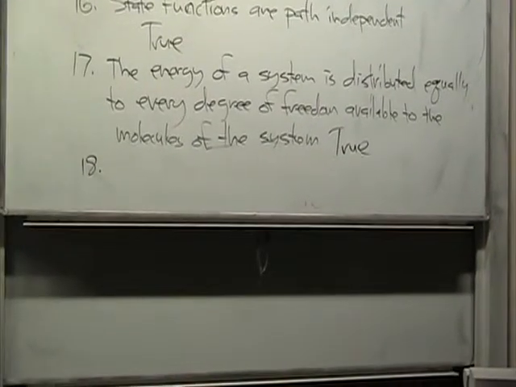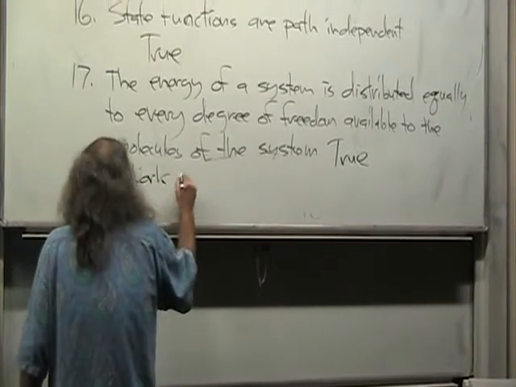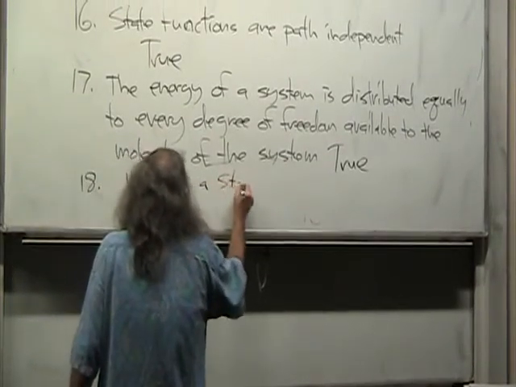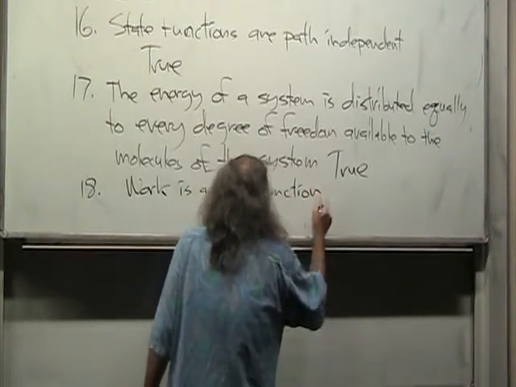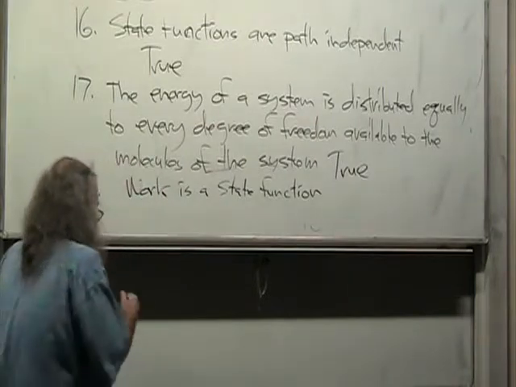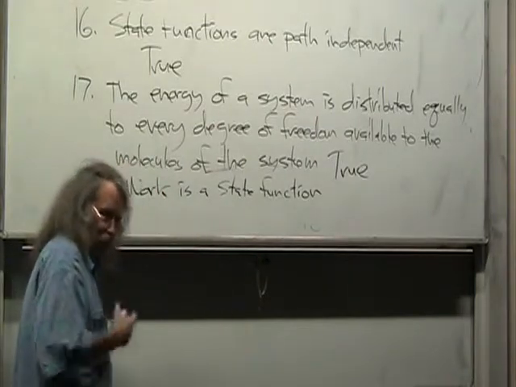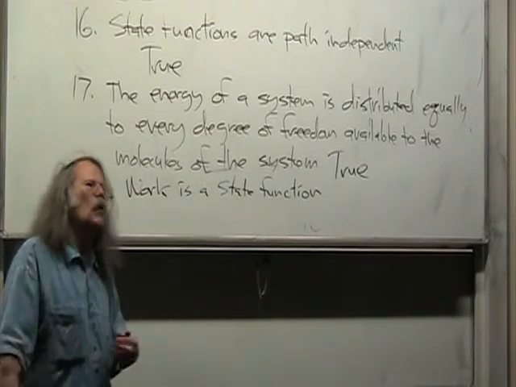Number 18: work is a state function. No. And we pretty much beat that horse to death too. It's path dependent, which is a good thing, which means our cars will get work done.